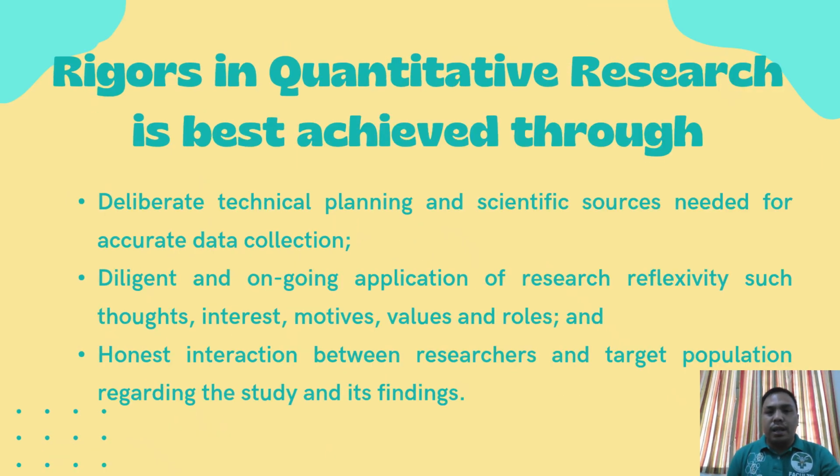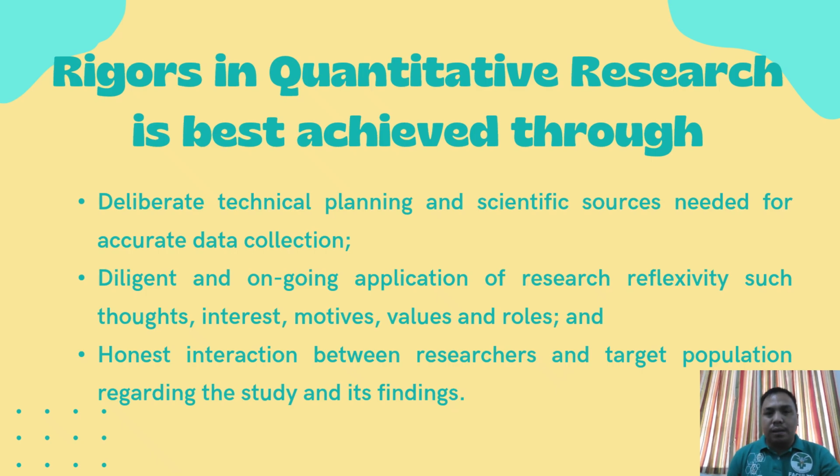Rigor in quantitative research is best achieved through careful attention to accuracy, consistency, and objectivity at every stage of the study. It is best achieved through deliberate technical planning and the use of reliable scientific sources to ensure accurate data collection and measurement.